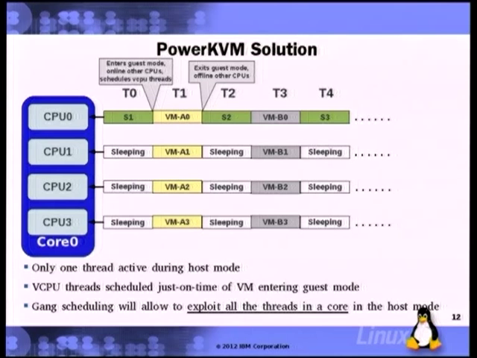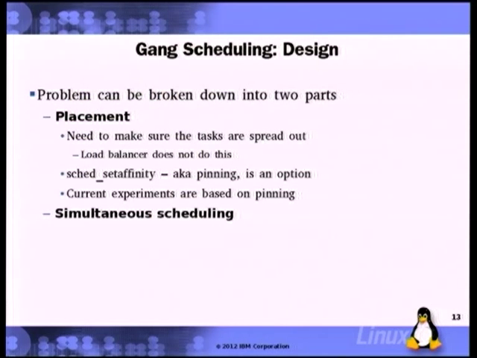With this as a background of use cases, I'll dive into some design aspects of gang scheduling. As we can see from the previous slides, the gang scheduling problem can be broken into two parts. One is placement, the second is simultaneous scheduling. Placement means we need to make sure that the vCPU threads are spread across the core.